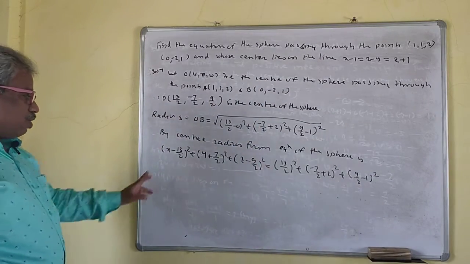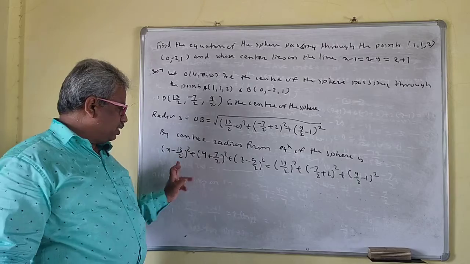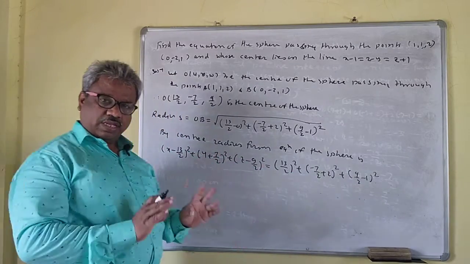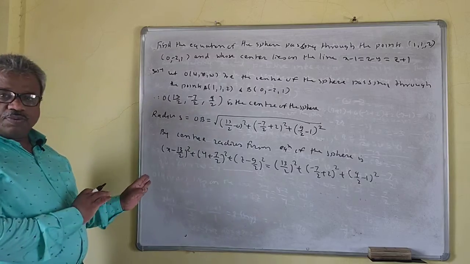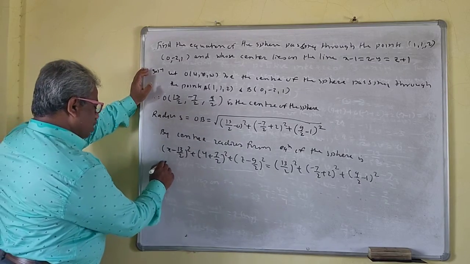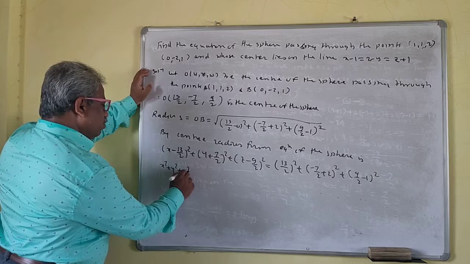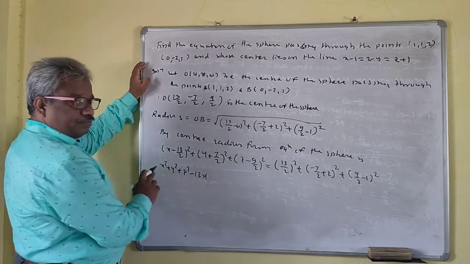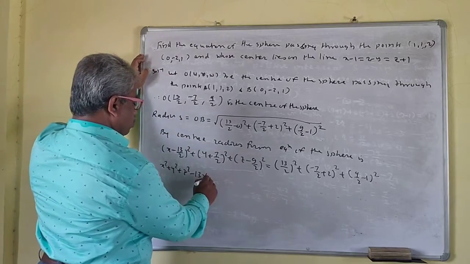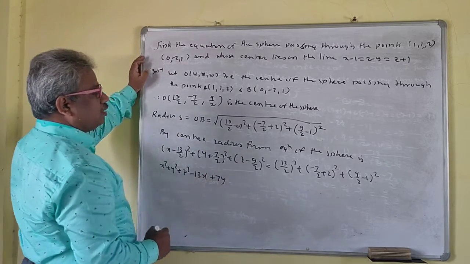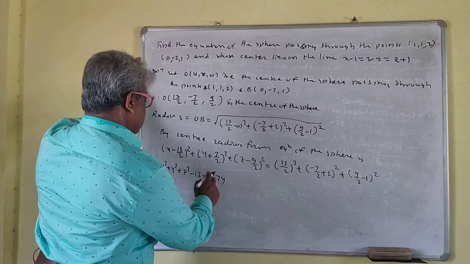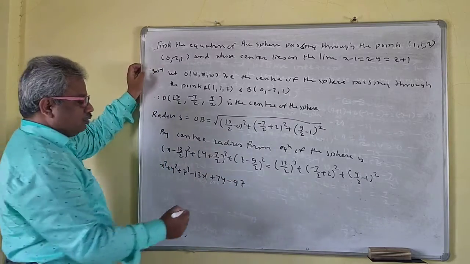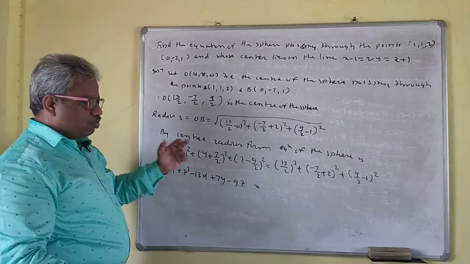Now 13 by 2 square is here, 7 by 2 square is here, 9 by 2 square is here, so cancel. We will consider only the first term and the middle term. So this is x square plus y square plus z square minus 13x, 7y, minus 9z is equal to, so 13 by 2 square gets cancelled.